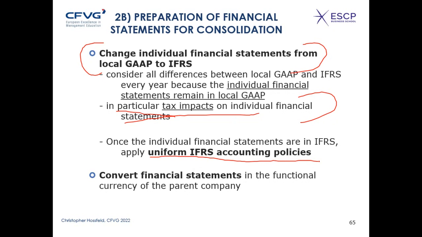Therefore, I need the same depreciation. I cannot have in France a straight line depreciation, and for the same aircraft in Vietnam I use accelerated depreciation, or I depreciate over 25 years in Vietnam and the same aircraft over 20 years in France. That's not possible. So I need to harmonize this.